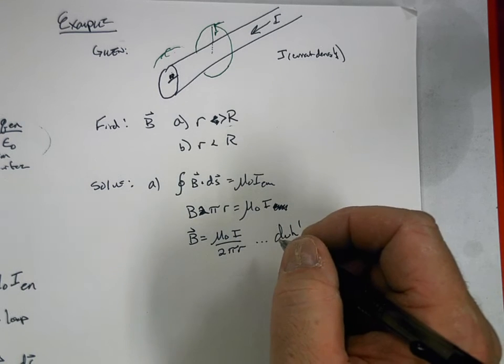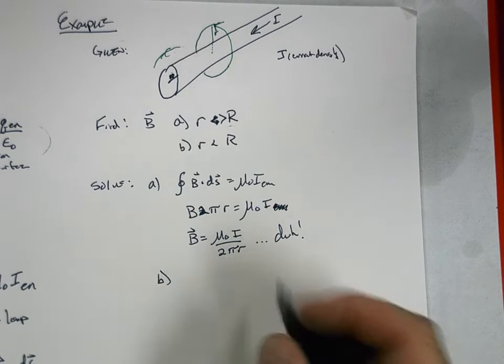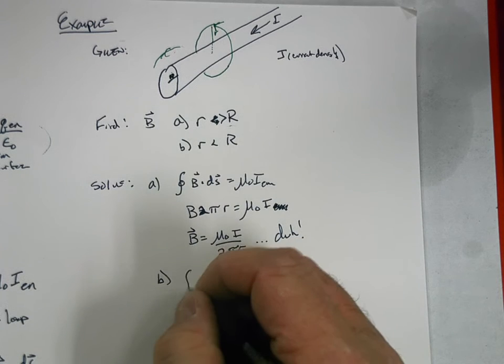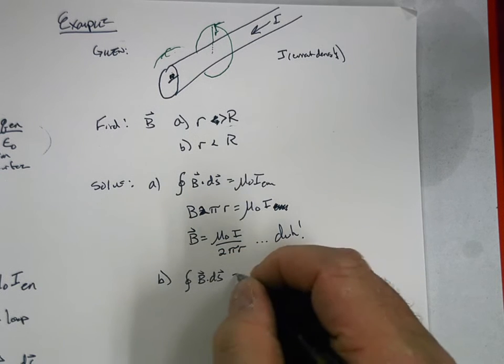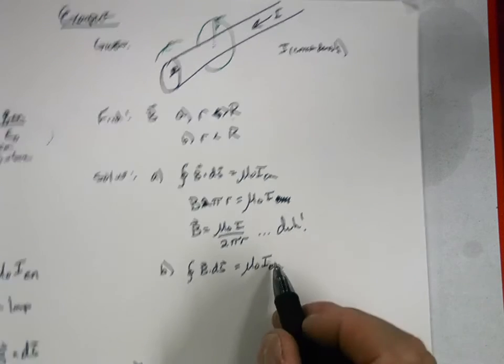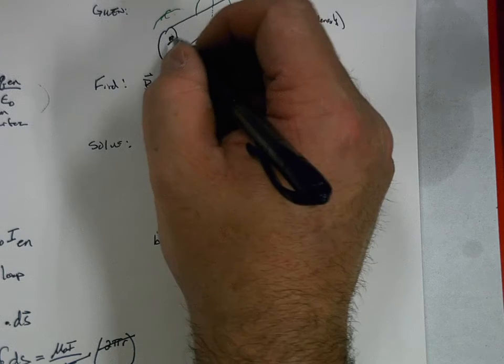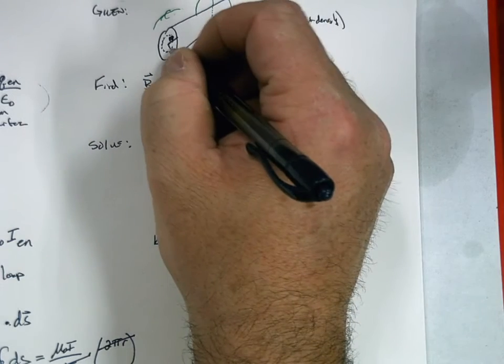B is a little different. We still have the same thing, except this time the current enclosed is actually inside our radius. So here's our little r.